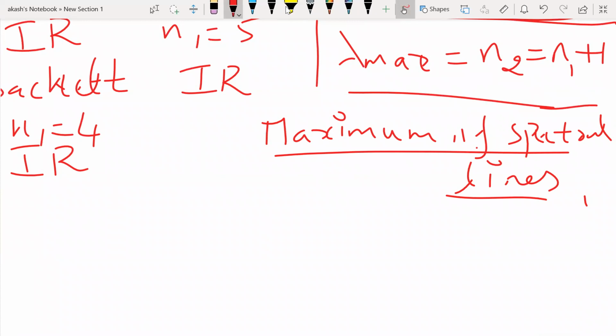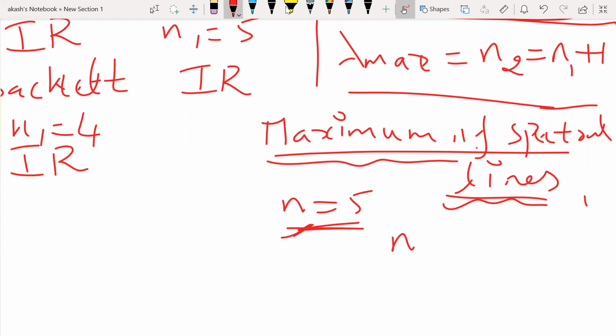Say from n equal to 5, if I have to reach n equal to 1, how many such transitions are possible? You can go directly 5 to 1, or 5 to 4, and then 4 to 3, so there are many kinds of transitions possible. I'm going to give you the direct formula to find the maximum number of spectral lines or transitions possible from the higher orbit to the lower orbit of 1. Obviously the lower orbit is always 1.